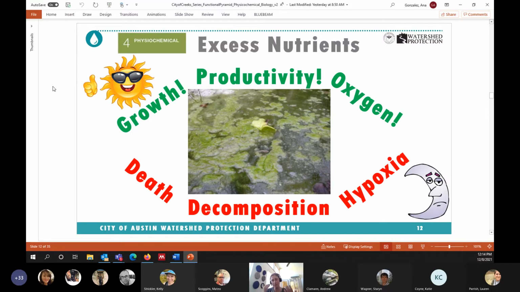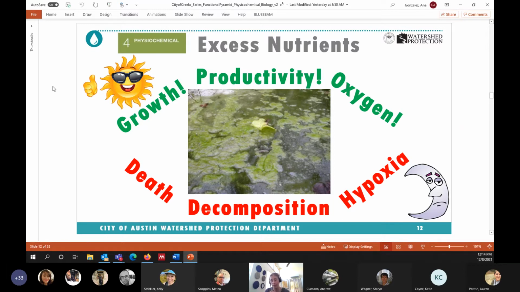And we need to think of what the counterpart of that is: all that growth and excess organic matter. Some of that dies. When it dies, it decomposes, and to decompose all that organic material, the microbial community uses oxygen.